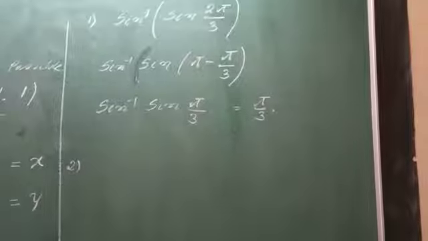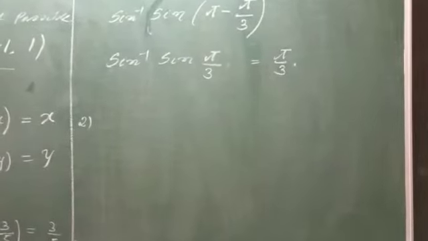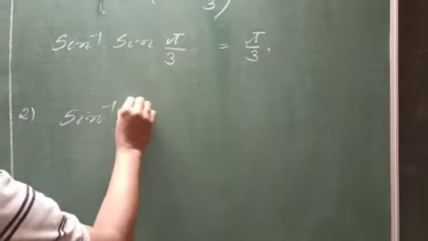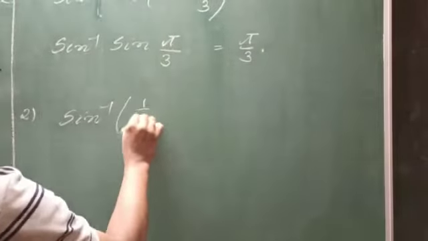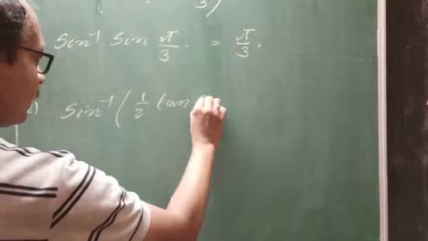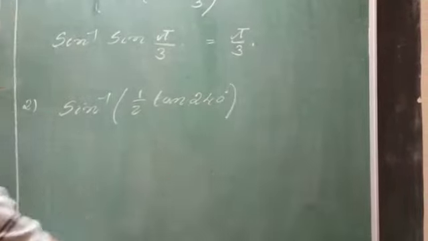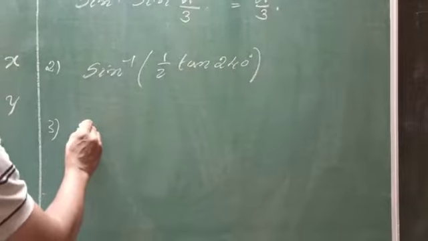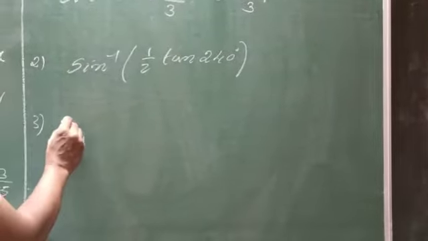Second problem, let us start. Try it yourself. Sine inverse of 1 by 2 tan 240 degrees. And the third problem is like this.